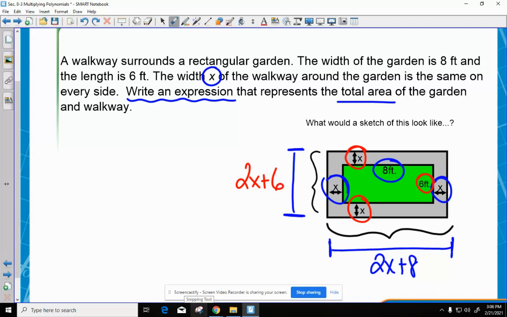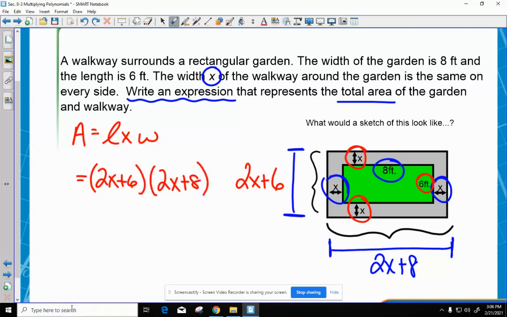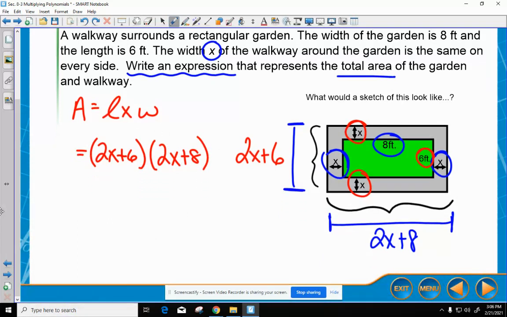If I know those two things, and I want to represent the total area of a rectangle, length times width, then I should be able to figure out this total area by using FOIL and these two lengths.